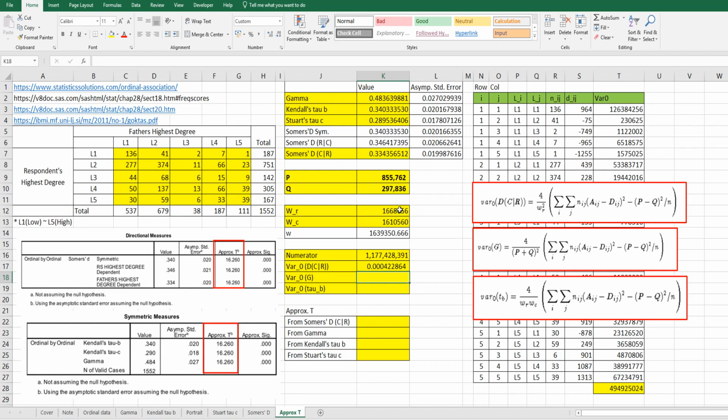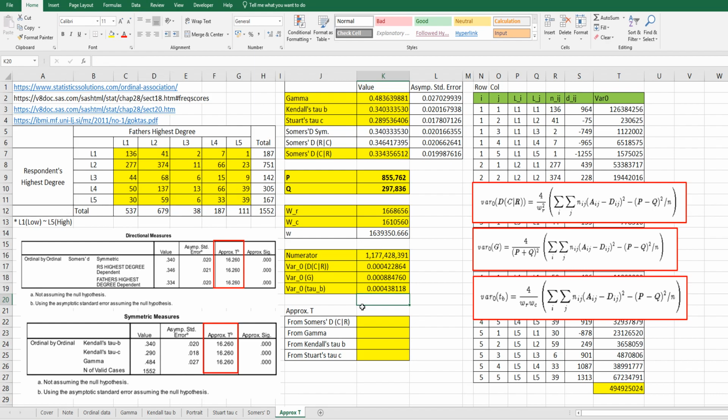And for gamma variance, let's use the same numerator and over P plus Q, squared. For variance of tau B, select the same numerator and over WR times WC.